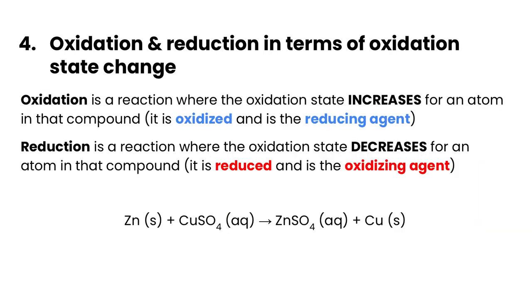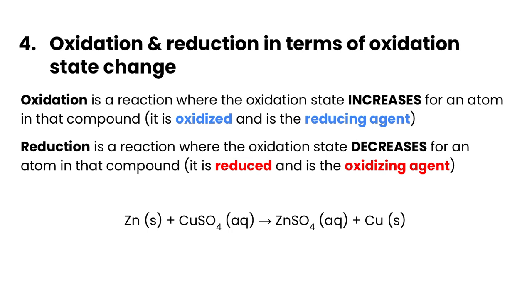Now, probably the most useful definition is defining oxidation and reduction in terms of oxidation state change. So this goes back to our previous video where we looked at how to figure out oxidation states, and now we can use them to figure out whether something's being oxidized or reduced.